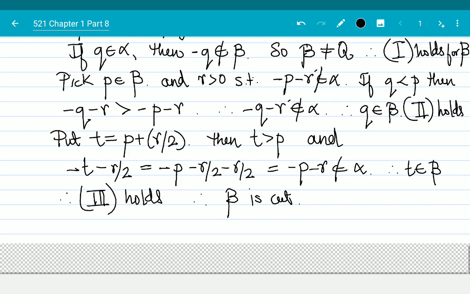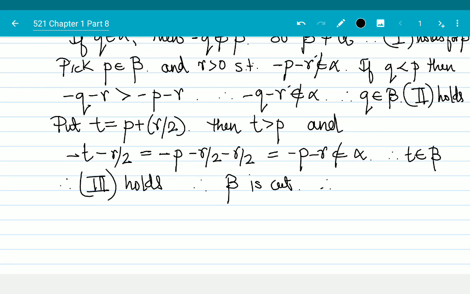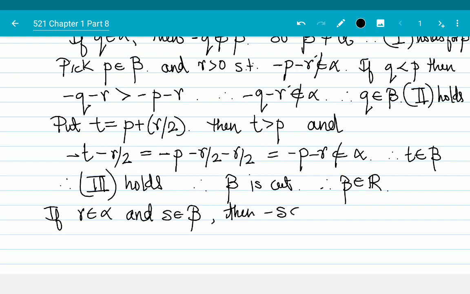This does not, however, prove the entire thing. We still need to show alpha plus beta is equal to 0 star, right? So if R is in alpha, and S is in beta, then clearly, well, negative S is not in alpha, okay?